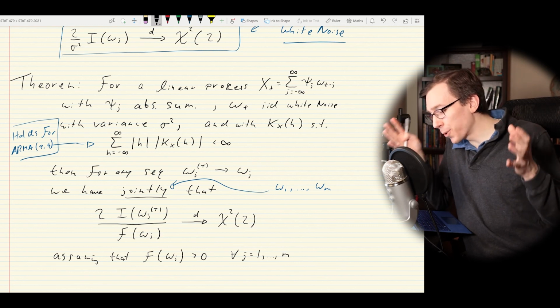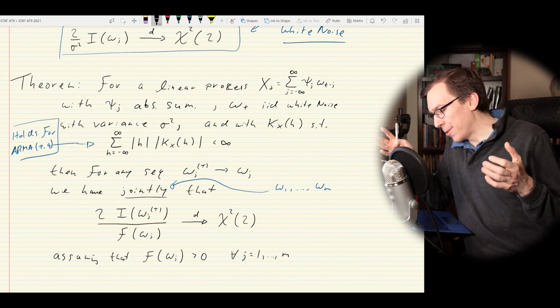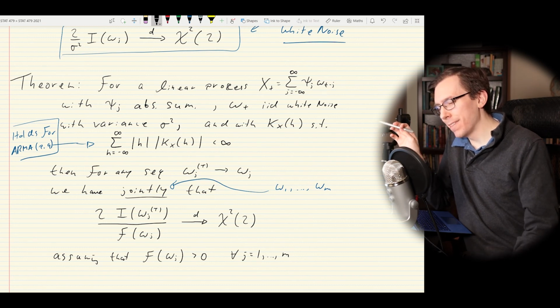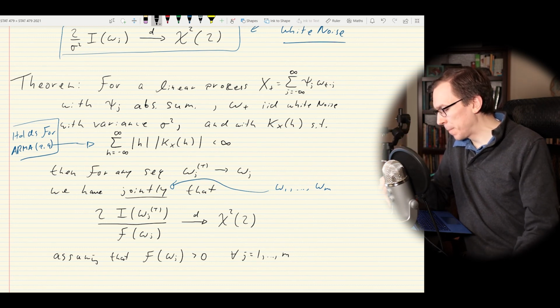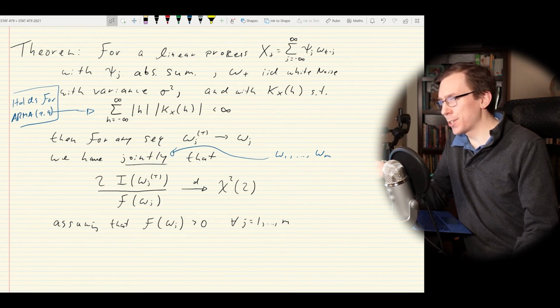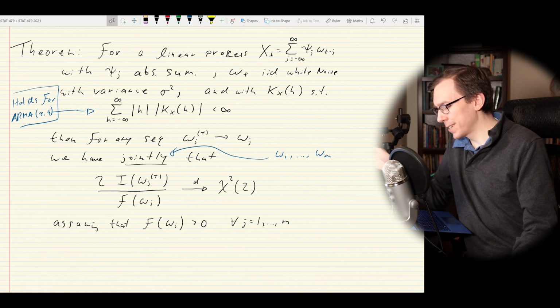In this case, they're jointly converging at once. So it is good to just be aware of that aspect of it. What it means is that for all the frequencies, in some sense, or a discrete number of frequencies, we would have this joint convergence in distribution to a chi-squared random variable with 2 degrees of freedom.